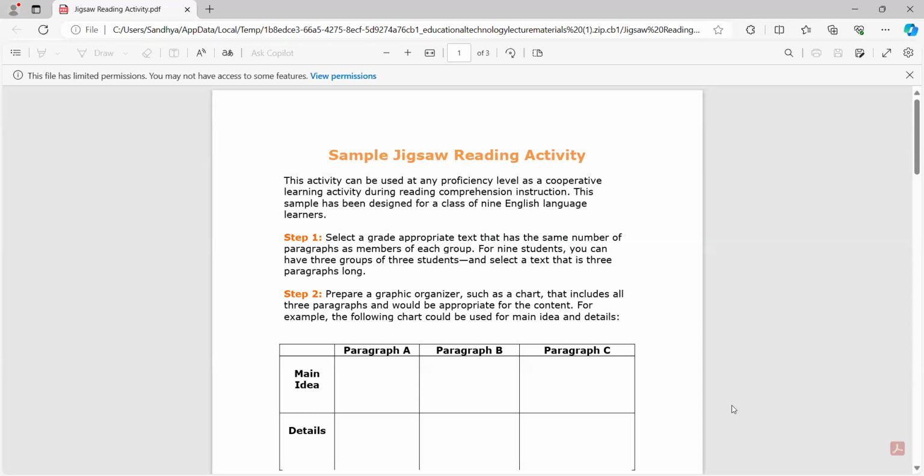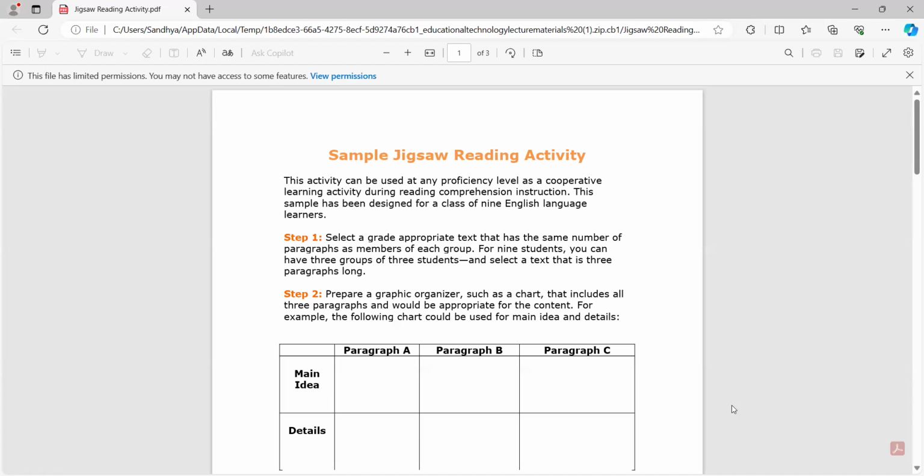It's a grouping technique, but you can decide whether I'm going to have same ability groups or different ability groups. The teacher has to consider that. There are no hard and fast rules about it, but I think with the jigsaw activity, you can go for mixed ability.